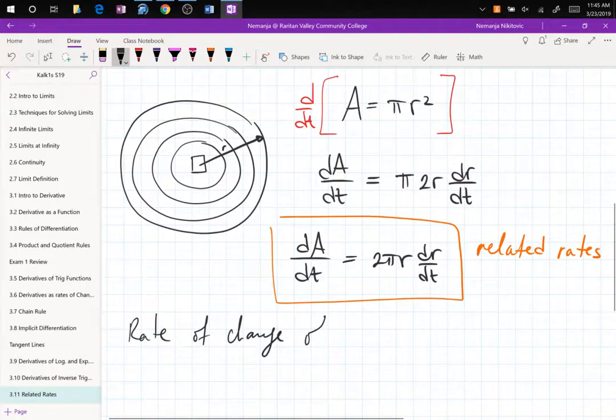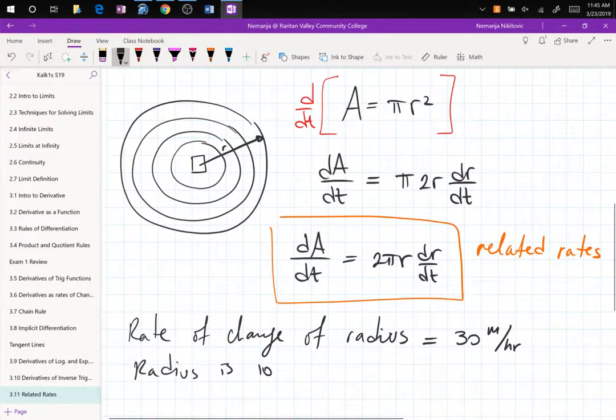Rate of change of radius equals 30 meters per hour. And then they say the radius is 100 meters. Find the rate of change of area.